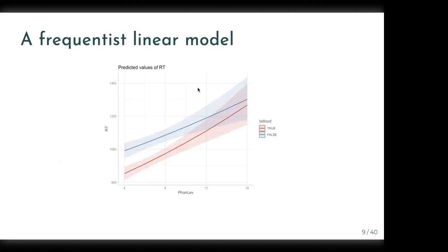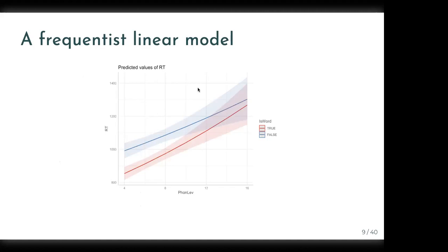This is just the plot that visualizes the output of the model. You see that there's a positive correlation between Levenshtein distance and reaction times. And there's also a difference between whether the word is a real word or a nonce word.